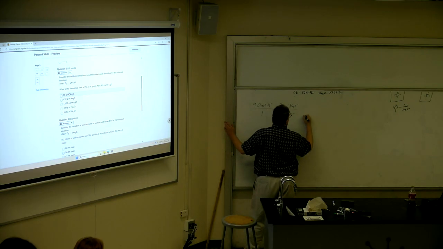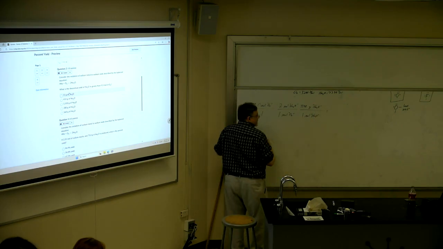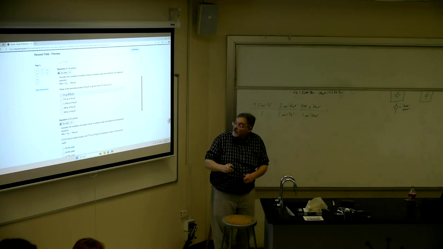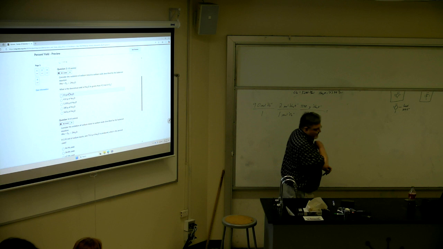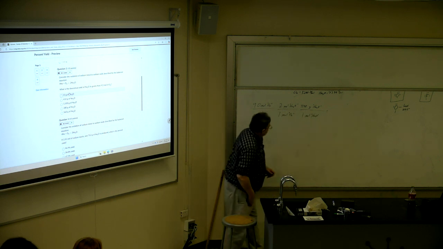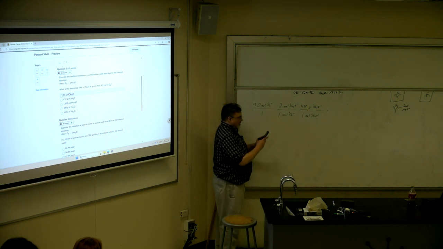It wants the theoretical yield of Na2O in grams. So I've got to take Na2O to grams. Mole needs to be on bottom. So 1 mole, that should do it. That should give us our theoretical.